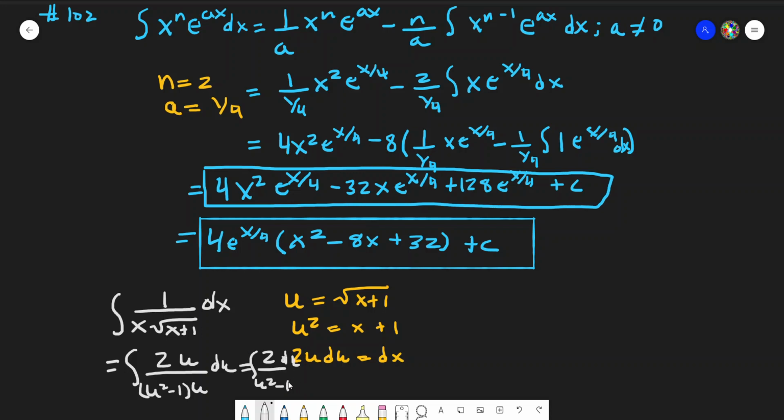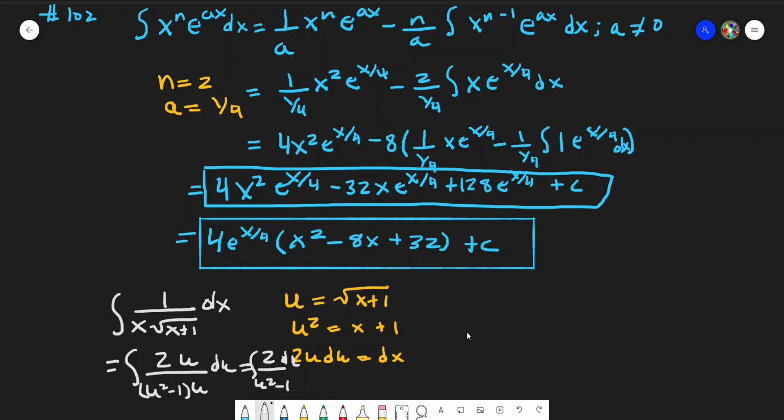But then it becomes a question as to how do you even solve the integral of, say for example, 2 divided by u squared minus 1, in this case du. So the question can be answered by the use of partial fraction decomposition.